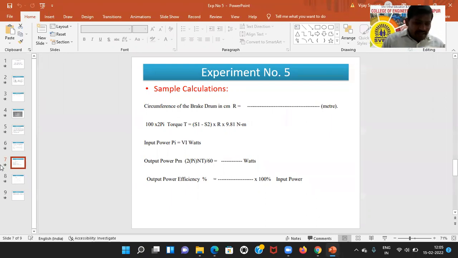I will tell the radius of the drum in the lecture slot, because I do not have the scale right now to measure the radius. I will measure it and tell you at the time of the lecture.